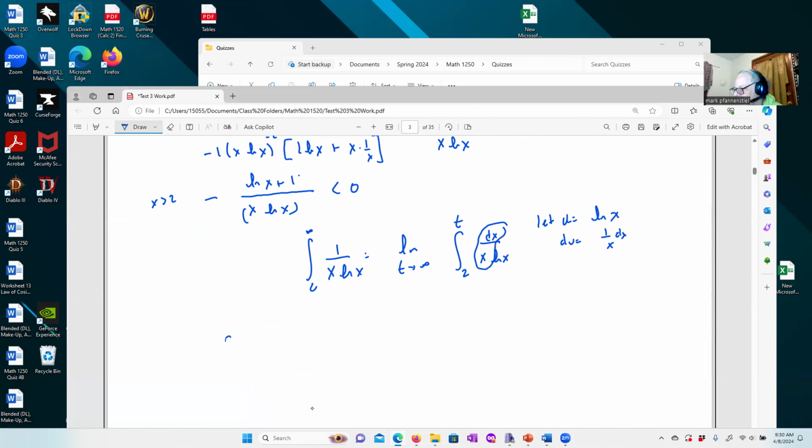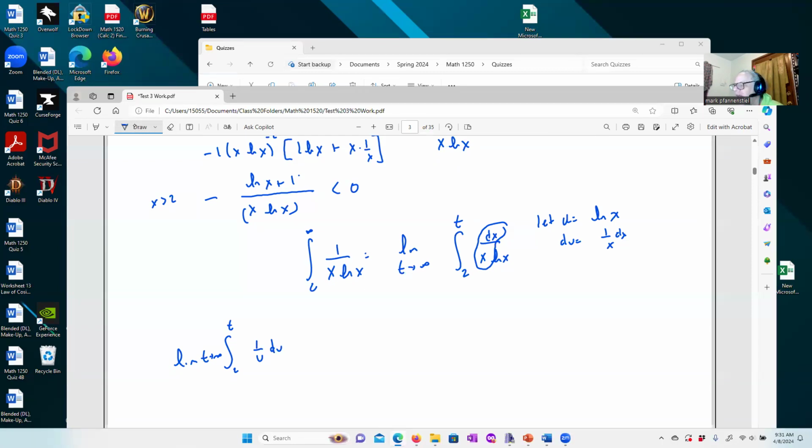So we have the limit as t goes to infinity of the integral from 2 to t of 1 over u, that's my natural log, du, that's my 1 over x dx.